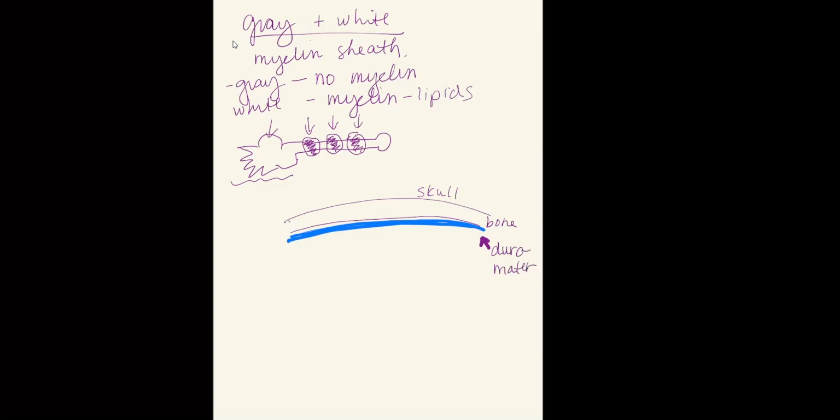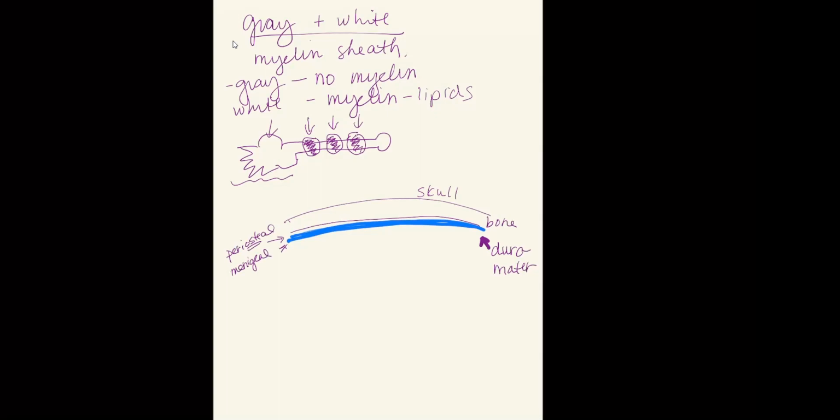Now the dura mater actually has two different layers. One they call the periosteal layer. Anytime you see oste, it's bone, so the periosteal layer is touching the bone. And the inner part is called the meningeal layer. That probably doesn't matter, but you need to know dura mater for sure.